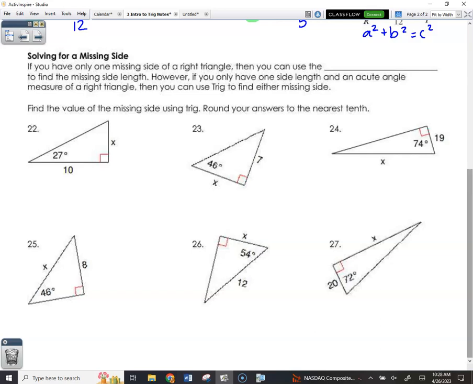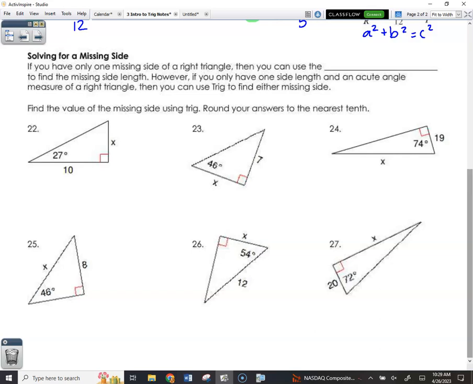If I said to you, tell me the length of the side marked X, can you use the Pythagorean theorem here? No. Why can you not use the Pythagorean theorem in 22? Because you need 2 sides given so that you only have one missing variable in the Pythagorean theorem, right?